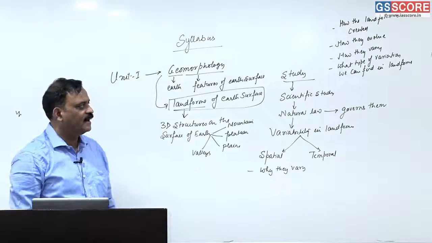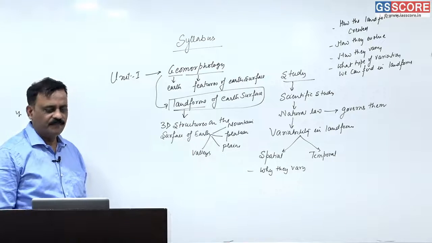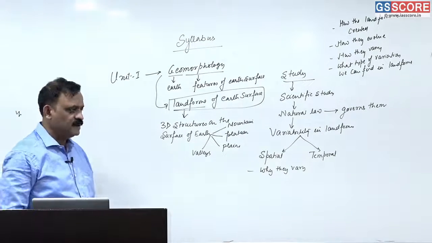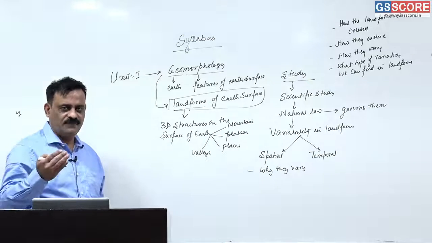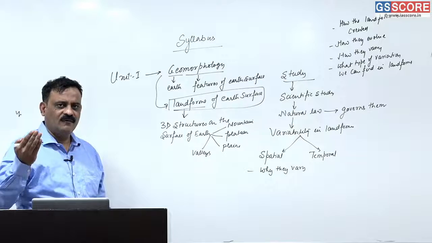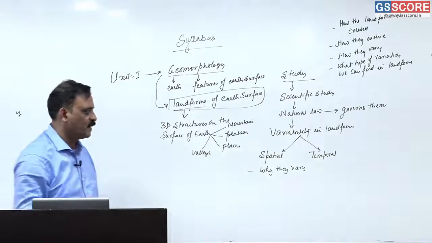So this is a basic idea. If you can answer these questions, how the landforms are created, how they are evolved, meaning what is the time sequence, and how they vary from the past to the present.